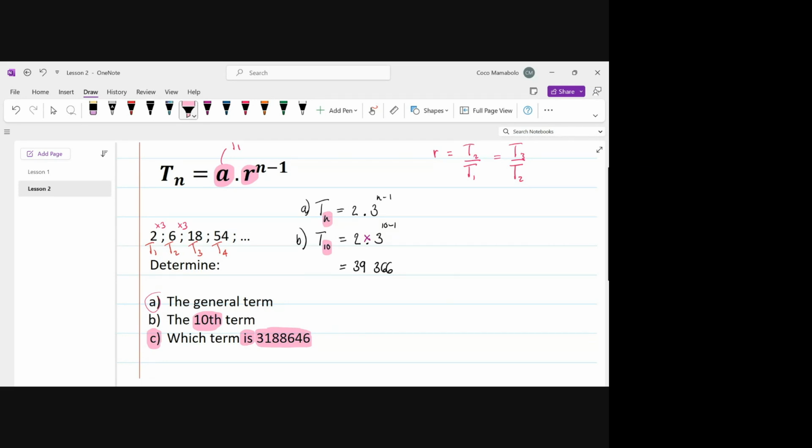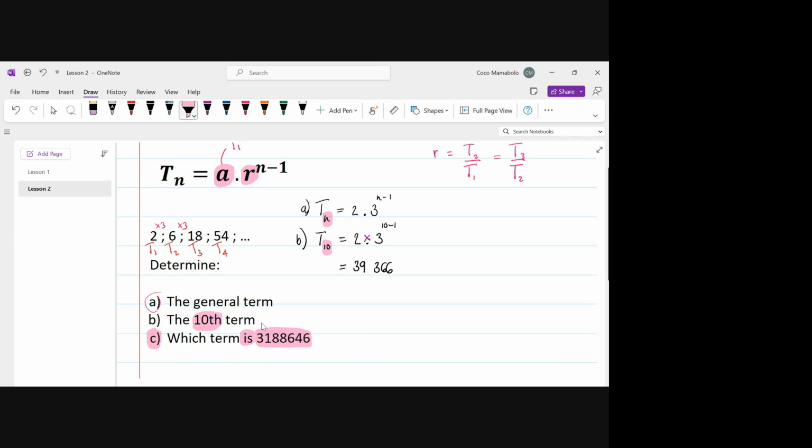Are we okay? Okay, so if they ask us for the 15th term, then we know that we're looking for T15. So we're replacing n. But if they ask us which term is this, then we're replacing the whole of Tn.